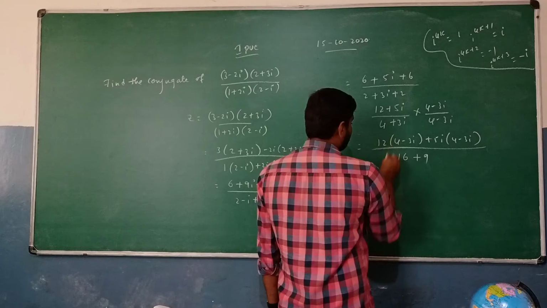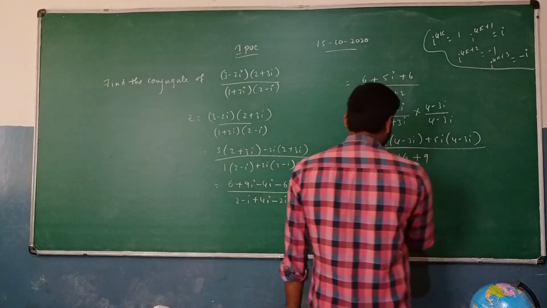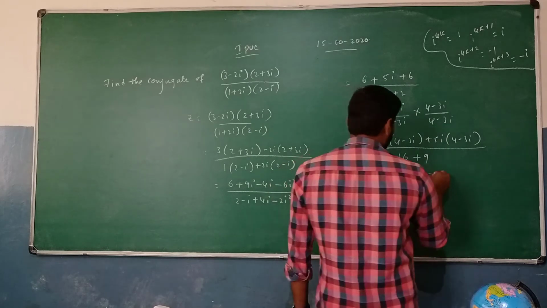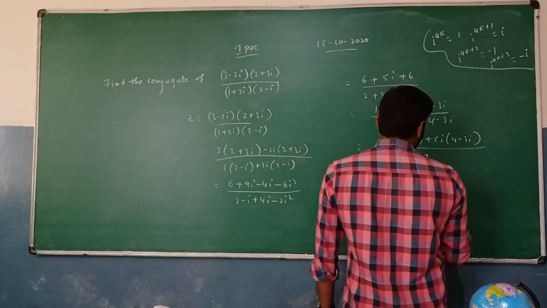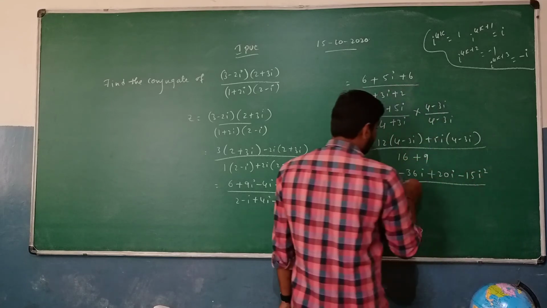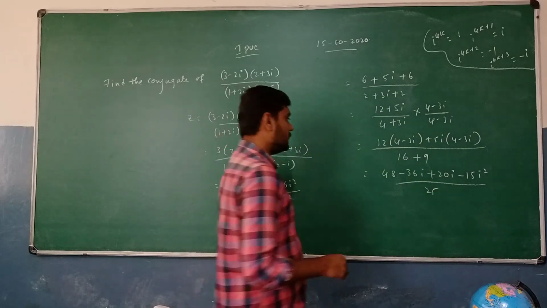Okay, so 12 fours are 48, minus 36i plus 20i minus 15i square, divided by 25.